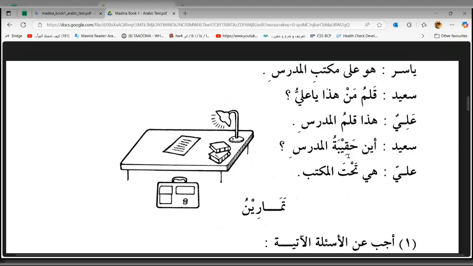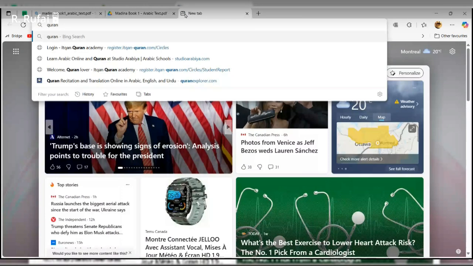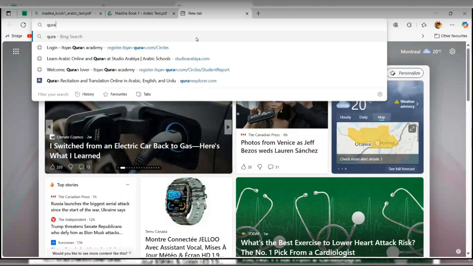For instance, when you stop on haqiba, this ta becomes a ha. When you're reading Quran, if you stop on a ta marbuta, you switch it back to its ha and you give it a sukun. There's a little bit of tajweed here.